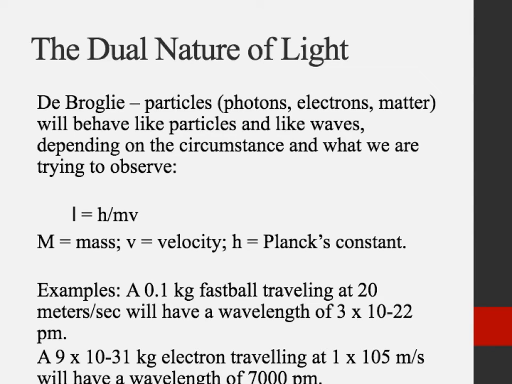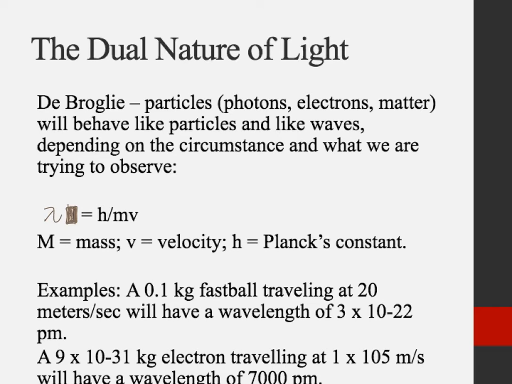So de Broglie studied particles, meaning photons, electrons, and matter. And what he found out is that they will behave like particles and like waves, depending on the circumstances they're in and what we're trying to observe. So lambda equals h divided by mv, where m is the mass, v is the velocity, and h is Planck's constant.